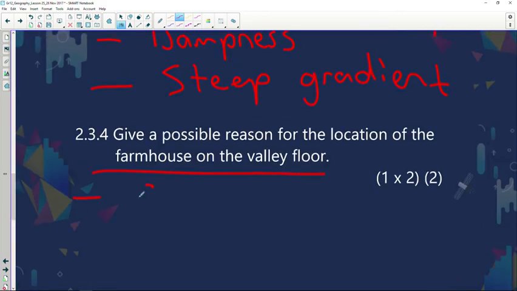First of all, it's a gentle gradient, so it makes construction easier. It's very close to fertile soil.